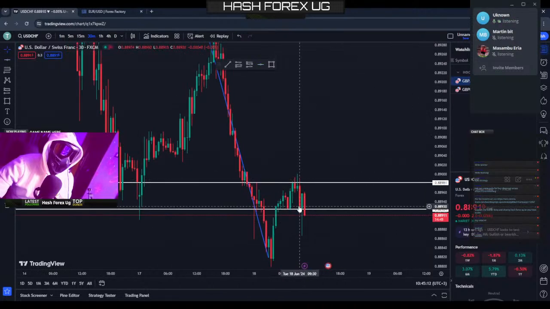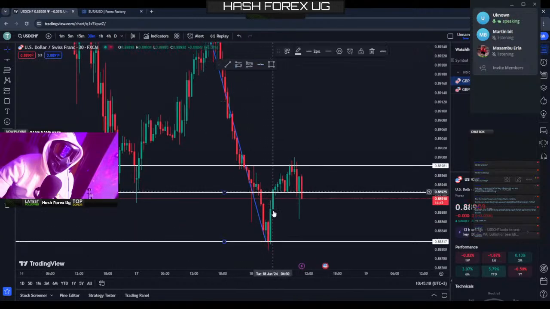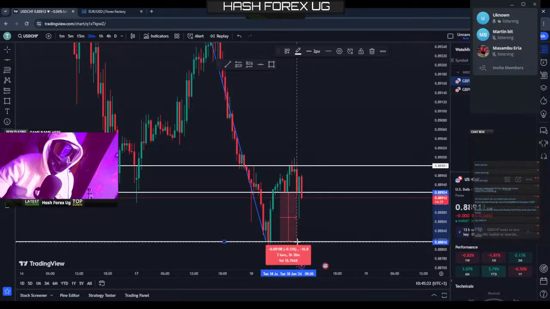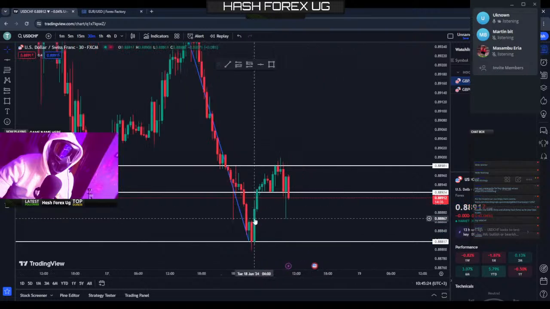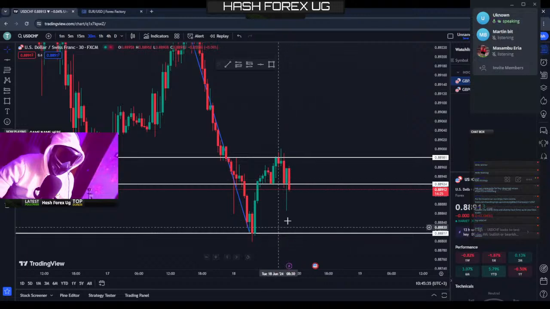So it breaking into this zone here is giving you this range here, which is like 10 pips.